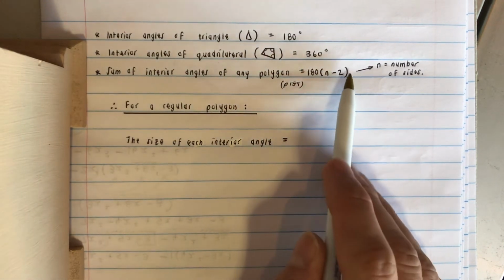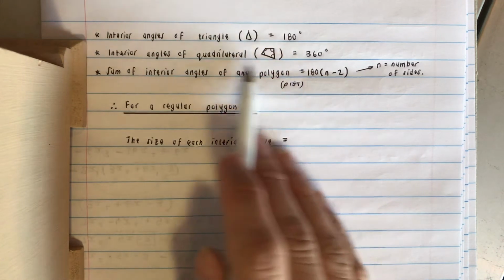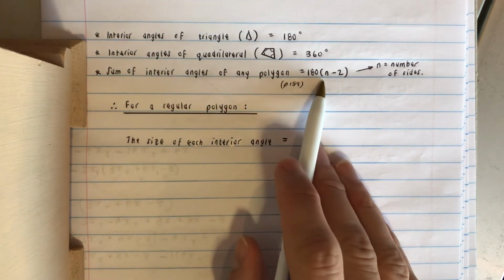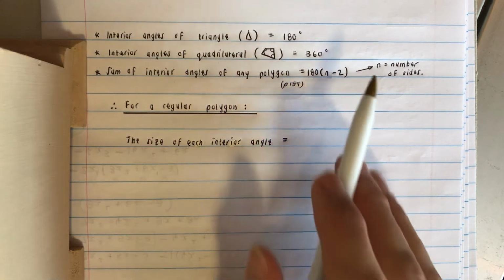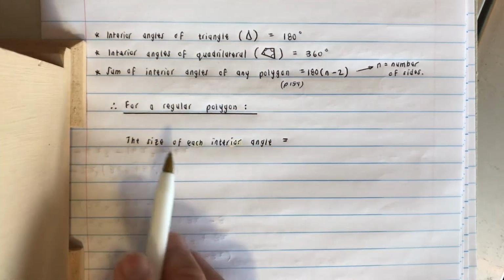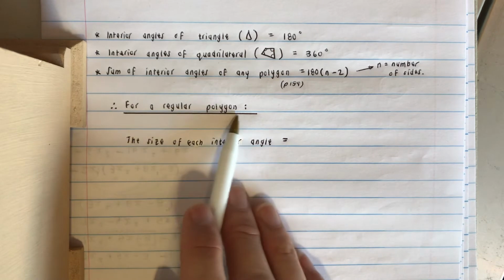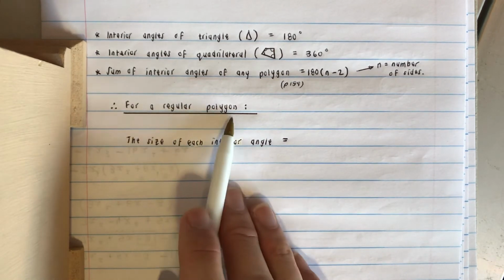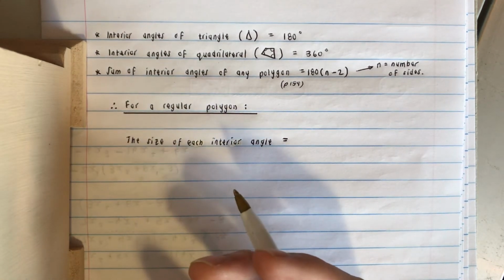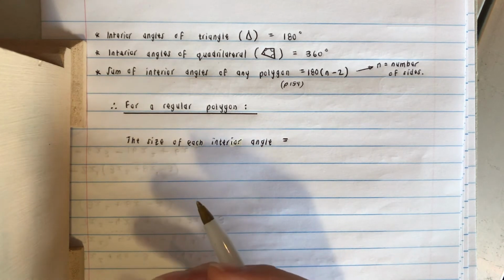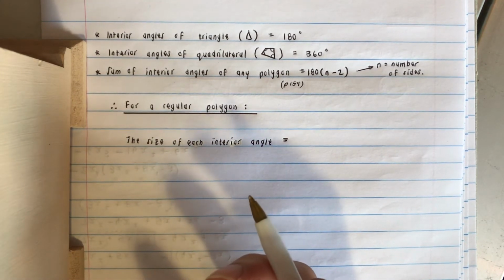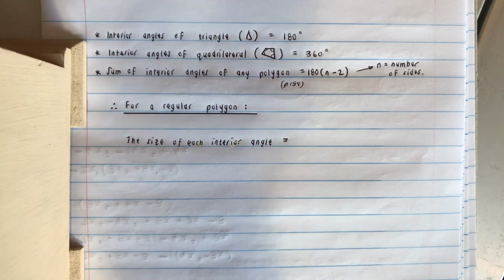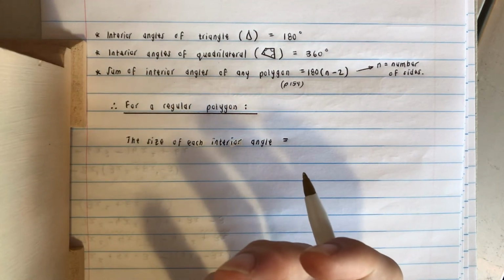Now, if we know this last one, the sum of the interior angles of any polygon is 180 multiplied with (n minus 2), what can we say about a regular polygon? Now, what does a regular polygon mean? It means, for example, you have a polygon, but all the interior angles are the same, right?